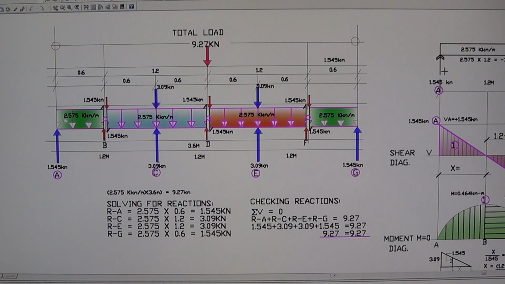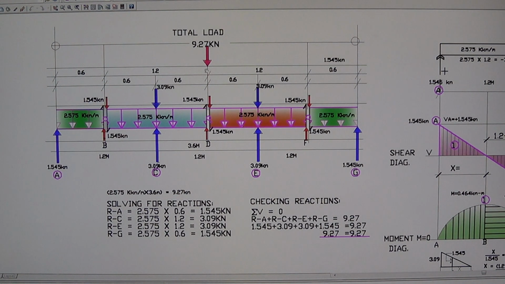So it's the uniformly distributed load multiplied by 0.6, which is half of the 1.2, and that is 1.545 kilonewton, and same as this half here. And obviously by inspection, this is very symmetrical loading, so you can see that the reaction here at C is obviously the load carried by this area here, which is the magnitude of that load there is 1.2.